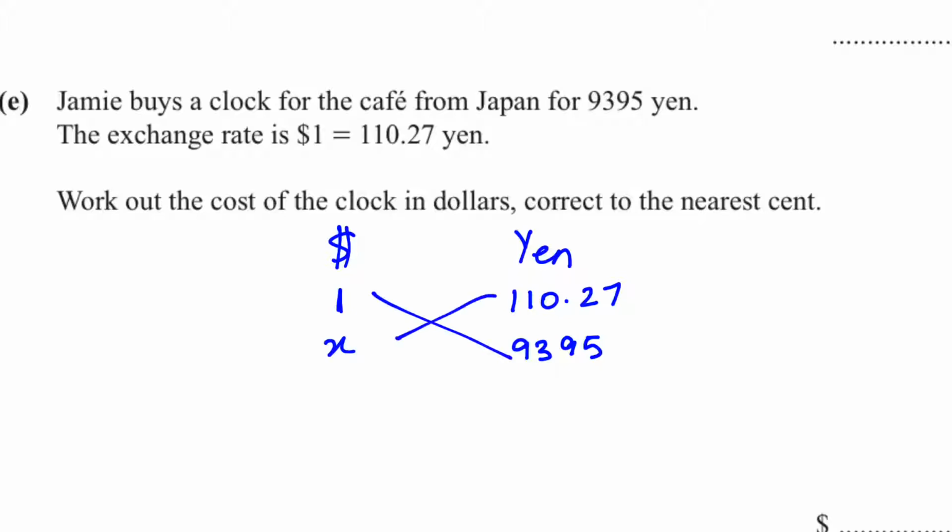We cross multiply. So 1 multiplied by 9995 will give us 9995. And 110.27 multiplied by x. This is a multiply, so when we bring it to the other side, it will become divide.